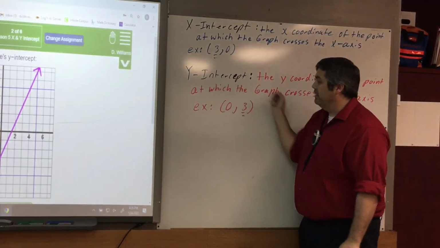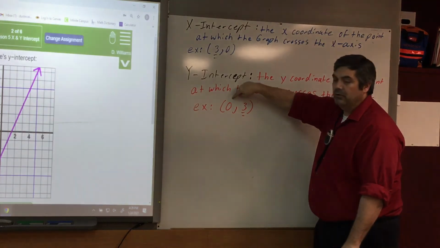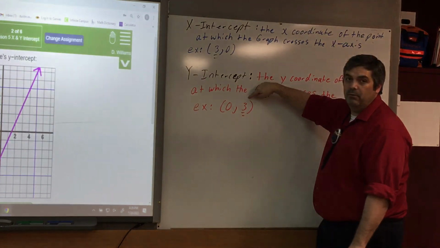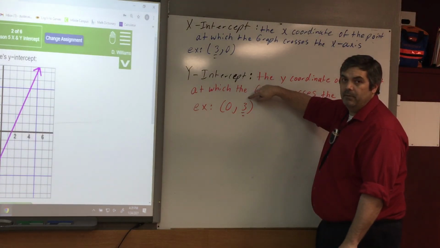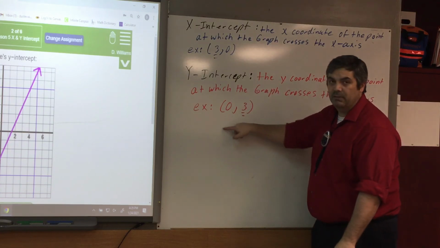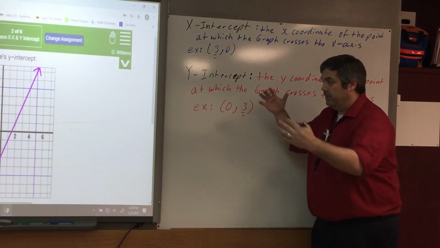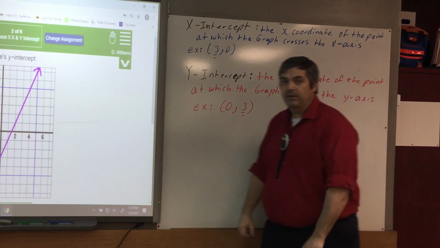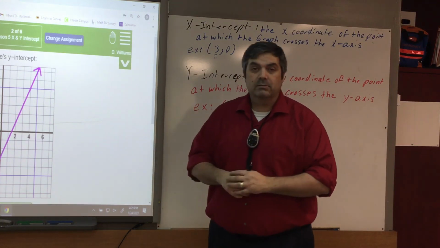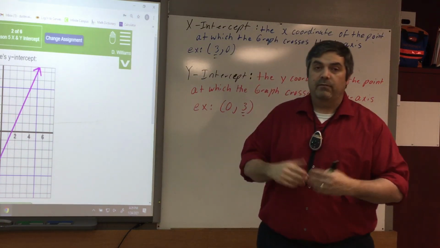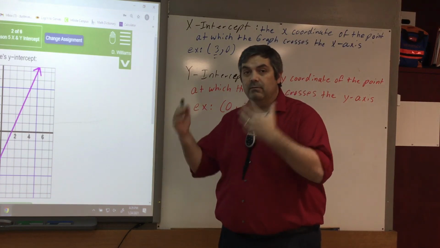When you do your y-intercept, your x will always be 0, then there'll be some number for your y. If it goes through the origin, both of them are going to be zeros. Outside of that, that's the way you're looking at it. Guys, that's all there is to this. If you need help graphing, come let me know.